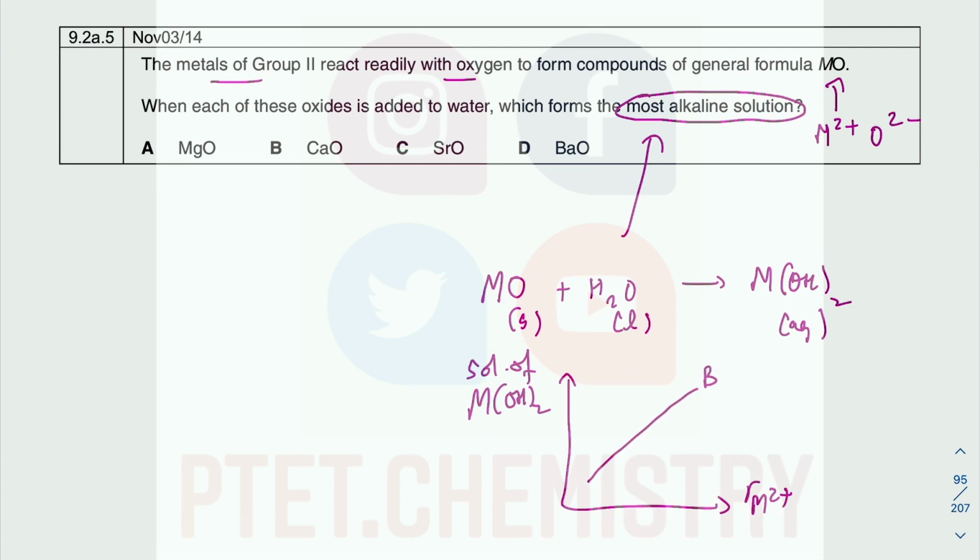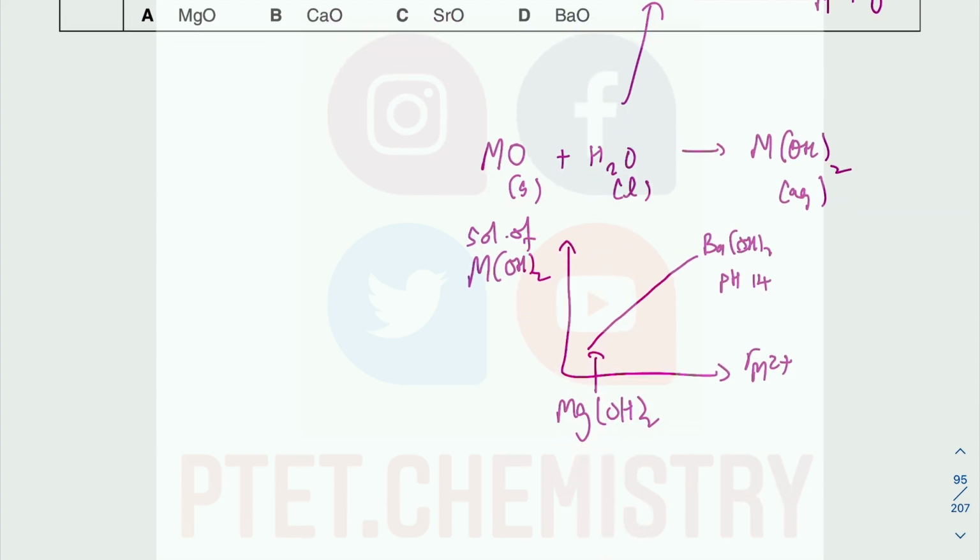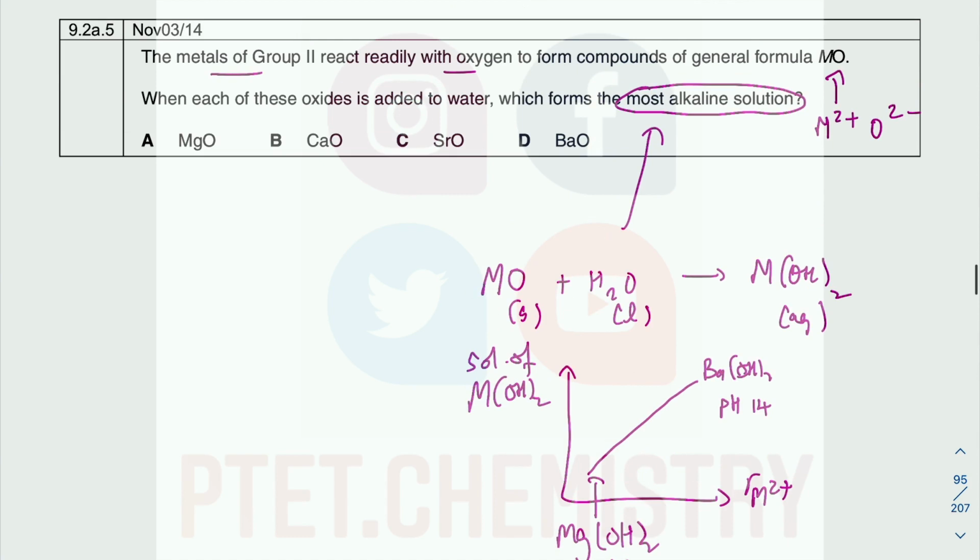The trend is that it becomes more soluble down group 2, and that will give you more OH- because it fully dissociates. That's why it's a very strong base down group 2 hydroxides. But things like magnesium hydroxide are very insoluble, not very soluble in water, and partially dissociate in water to give you a weak base. So the most alkaline solution has to come from the one with the biggest ionic radius. That's the one furthest down group 2.